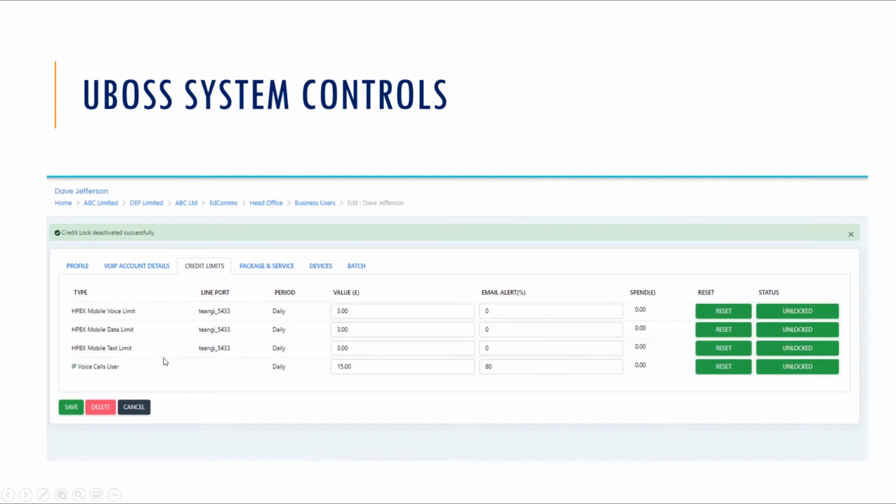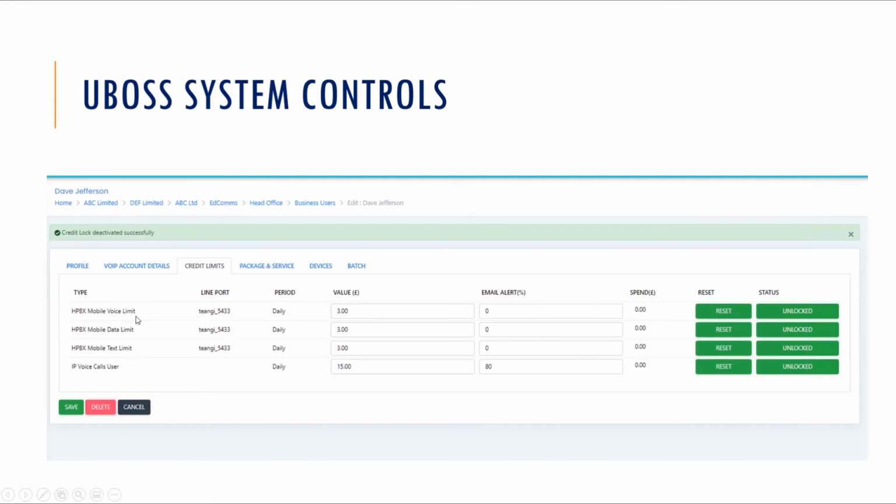We have a sort of daily credit lock fraud control system. It can work as credit control as well, but essentially it's to stop any runaway costs. And you'll see when you have a look inside our portal that we are able to manage the credit control and credit locking capability on all of the mobile services.